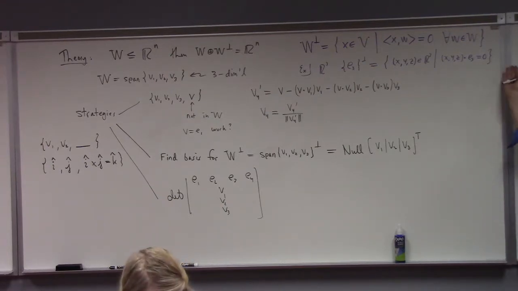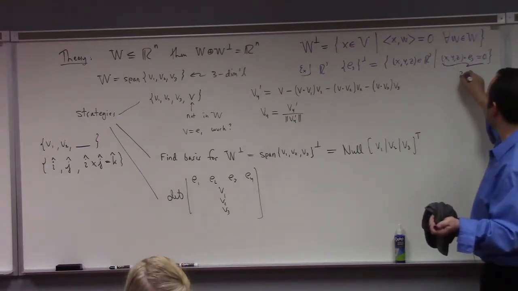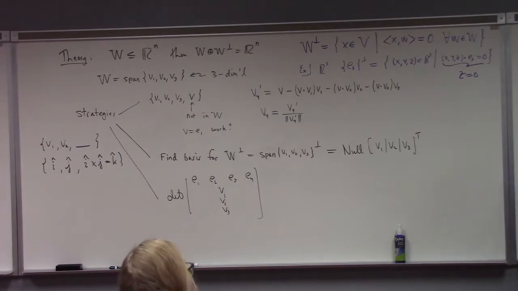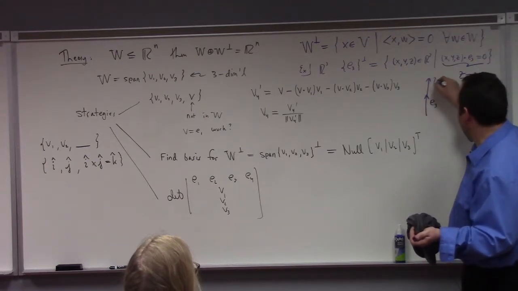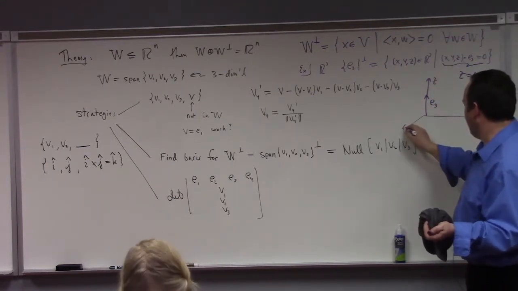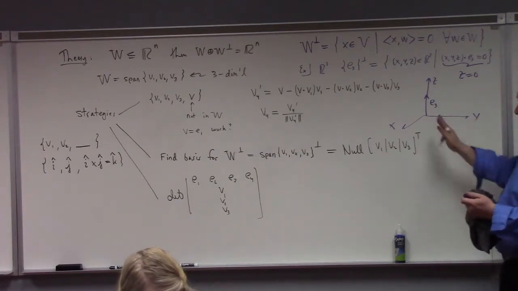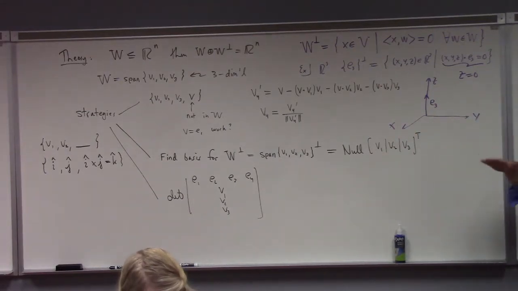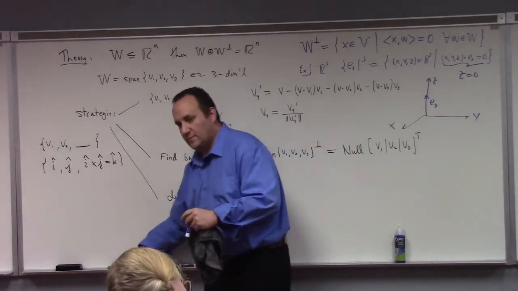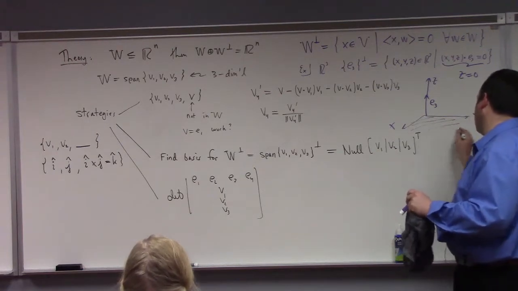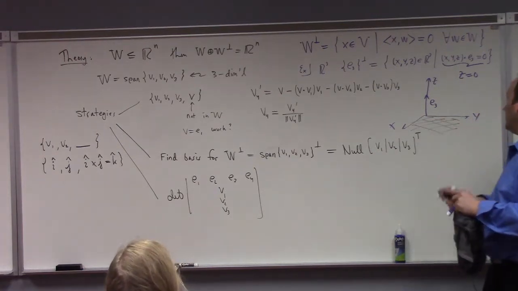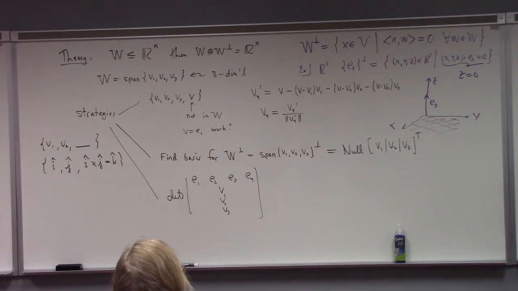And that's z equals 0. I think it's important to have a geometric picture of what the perp is. E3 is just this axis, but the perp to E3 is the set of all vectors perpendicular to E3, which as an equation is z equals 0, the xy plane in this context.